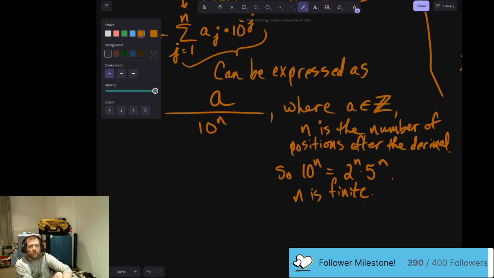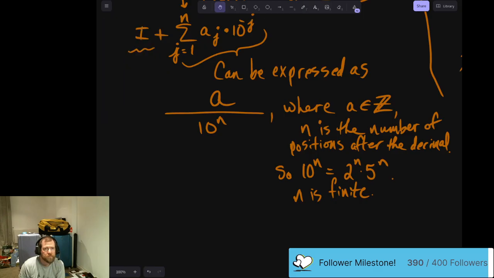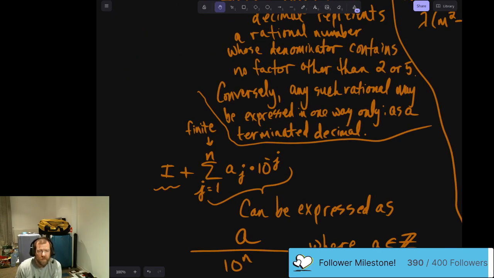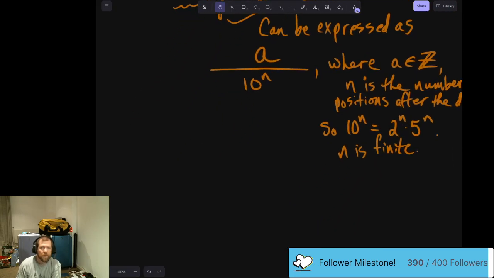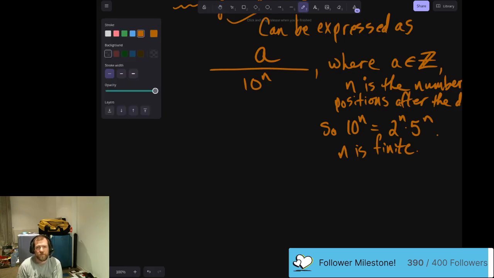So then, with that, any such rational must be expressed as a terminated decimal. I mean, we can reverse the argument. That's uneventful, uninteresting, but still.